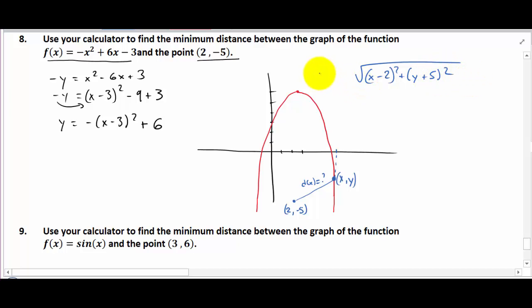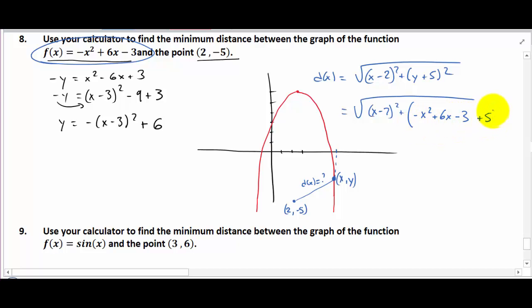Got it. Now, I want to make it a function of one variable, not two, so it makes sense to use this y. So it is equal to (x minus 2) squared plus, and here, what is y? y is negative x squared plus 6x minus 3, minus 3. That's my y right here. And then I will have the plus 5 squared.